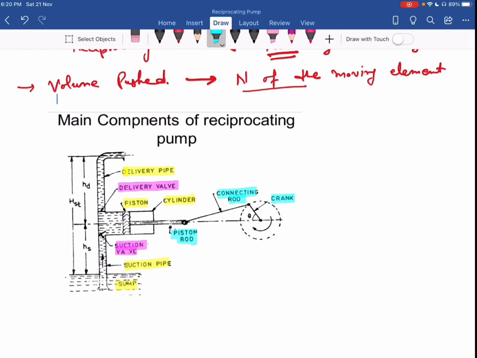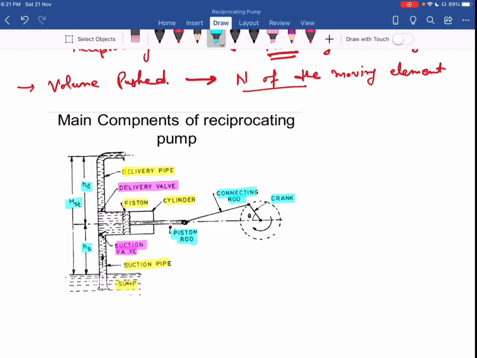Accordingly, we have the heads over here. One is the suction head, which is from the sump level to the center of the cylinder, and another one is the delivery head HD, from the center level to the higher point where we have to deliver the liquid. The sum of suction head and delivery head is called the static head.